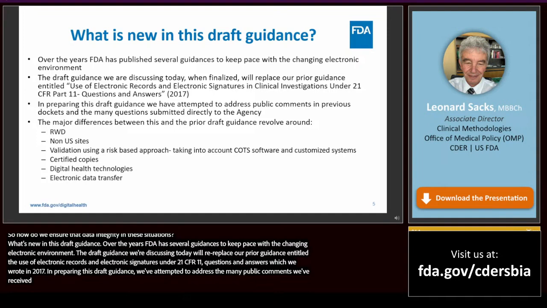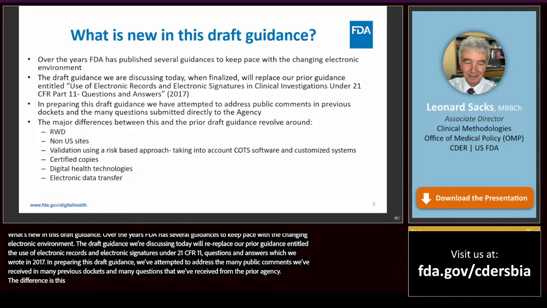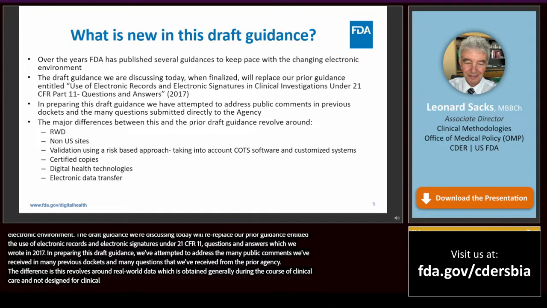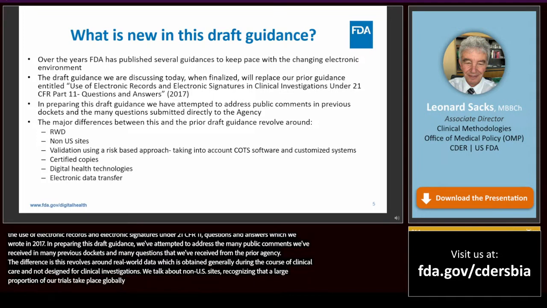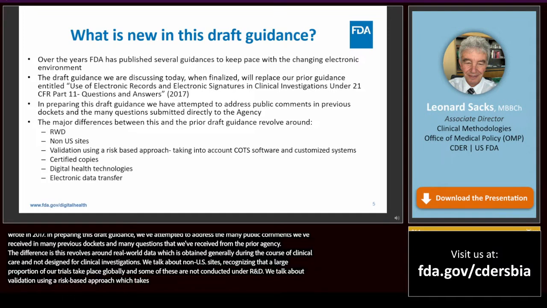The major differences between this and the prior draft guidance revolve around real-world data, which is data that's obtained generally during the course of clinical care and is not specifically designed for clinical investigations. We talk about non-US sites, recognizing that a very large proportion of our trials take place globally, and some of these are not conducted under IND. We talk about validation using a risk-based approach, which takes into account commercial off-the-shelf software and customized systems.